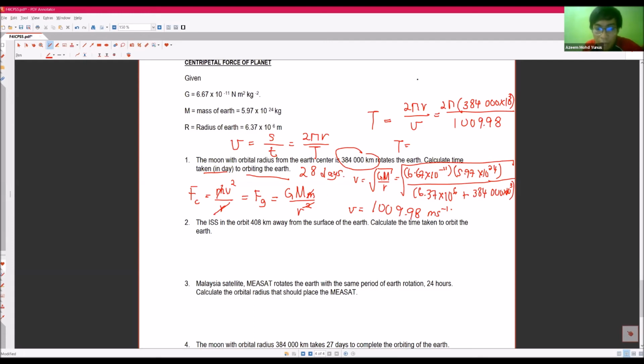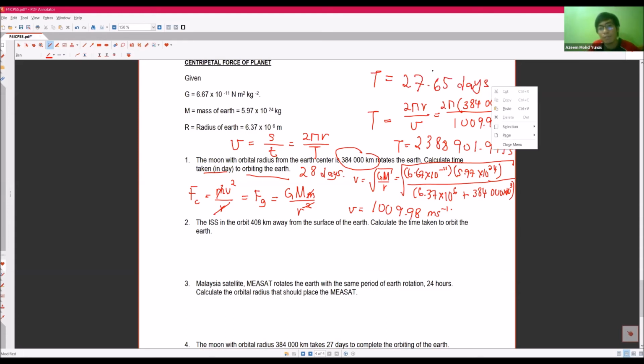Okay, a large number here because it's measured in seconds. But we can convert that into days. First, we divide by 60, then divide again by 60 for hours, and then divide by 24 for days. Then we get T equal to 27.65 days.